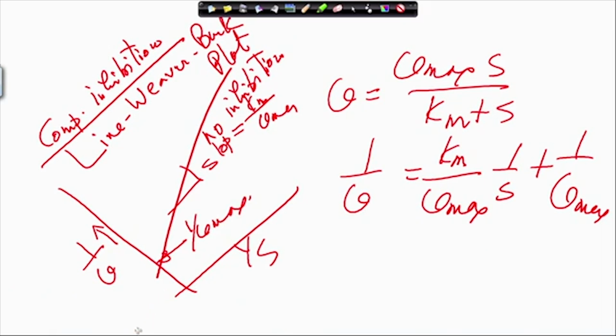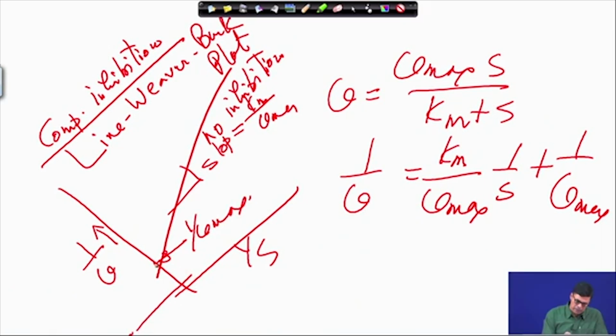Now, in case of competitive inhibition, this will be like this, where 1 by Vmax will be the intercept. The point of intersection will be the same, but the slope will be different, and this Vmax is constant.